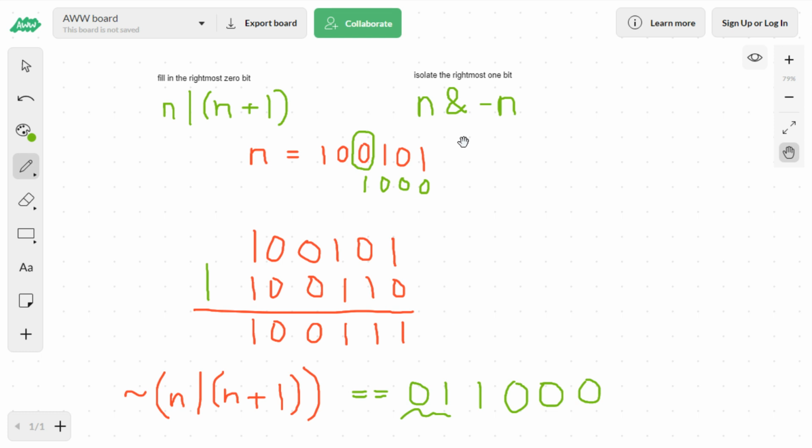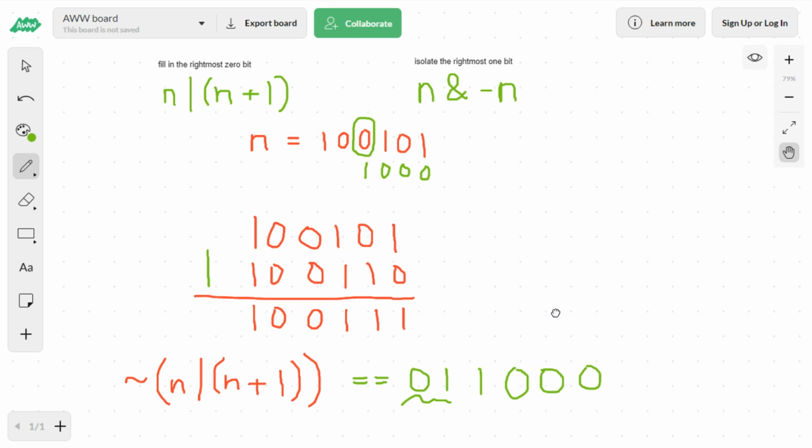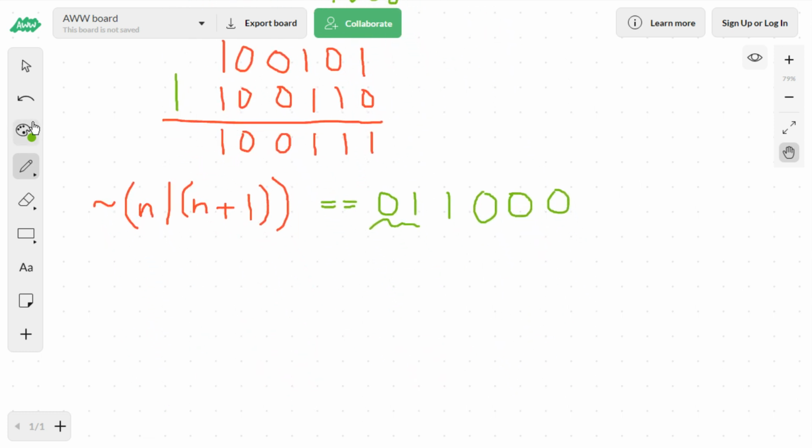Okay, so we're going to AND that with its negative self. And let's see what happens when we do that. So let's switch colors again. Get back the pen. Okay, so we've got this thing over here, which is 0, 1, 1, 0, 0, 0. And we want to AND that. I'll write in the operation in just a sec.